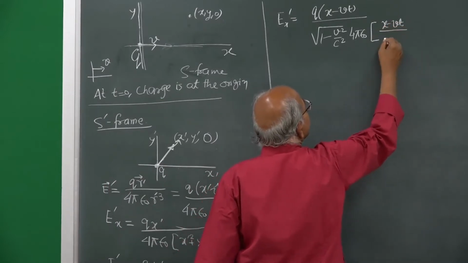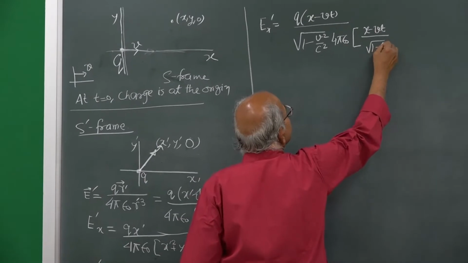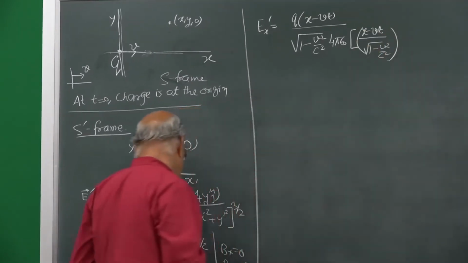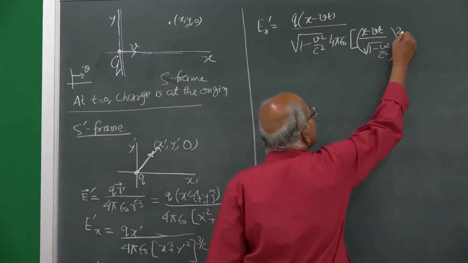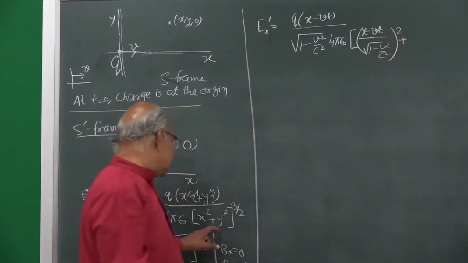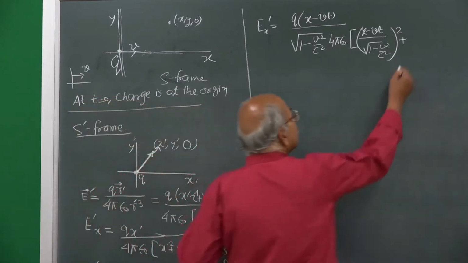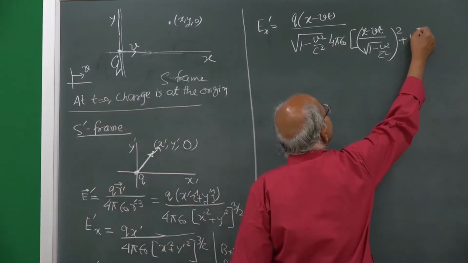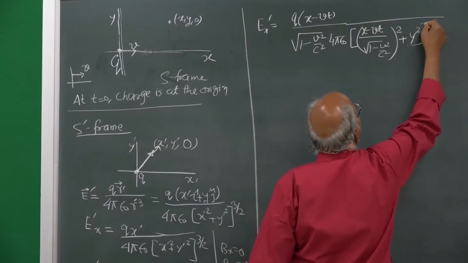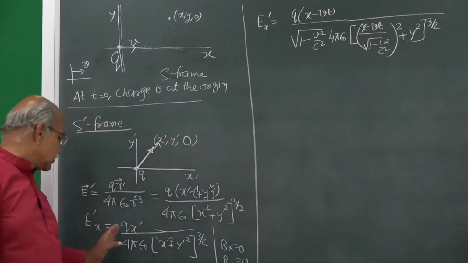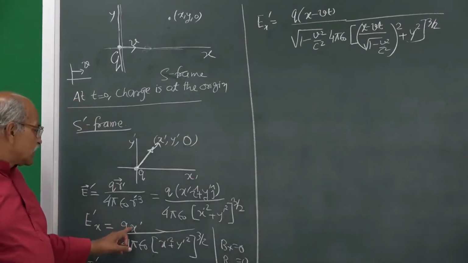So, this divided by square root of 1 minus V square by C square, this whole thing x prime square, and plus y prime square. Y prime is just y. So, it is y square, power 3 by 2. So, I have written Ex prime, this q, then x prime.